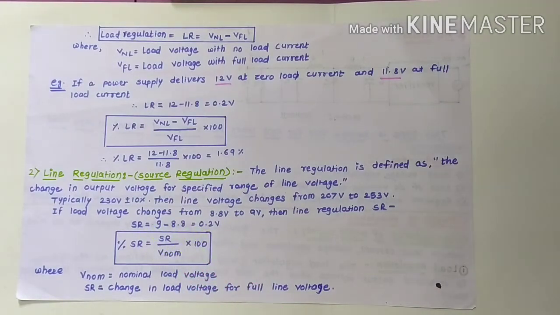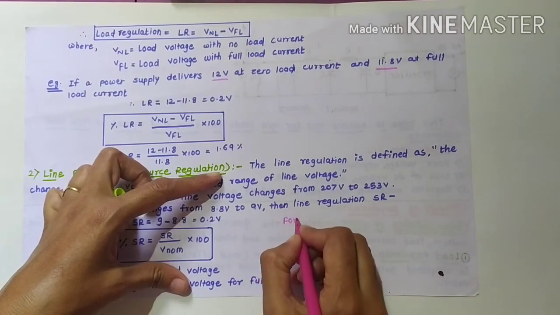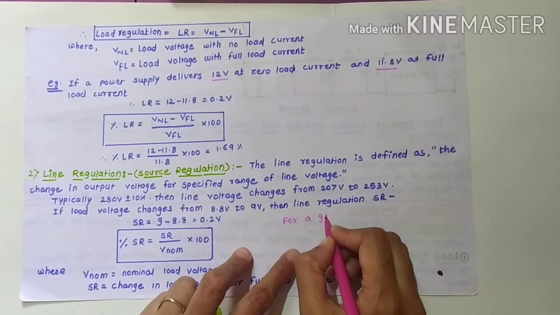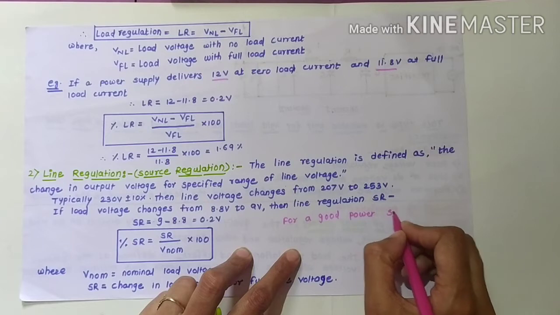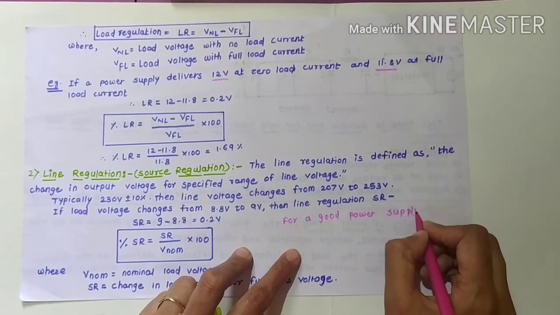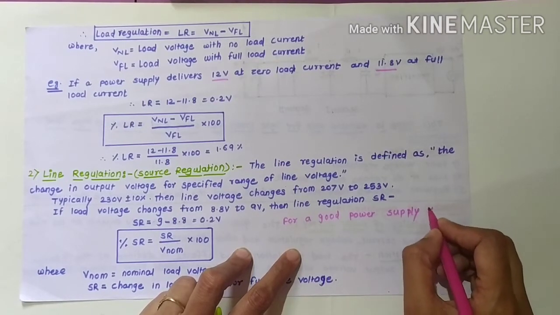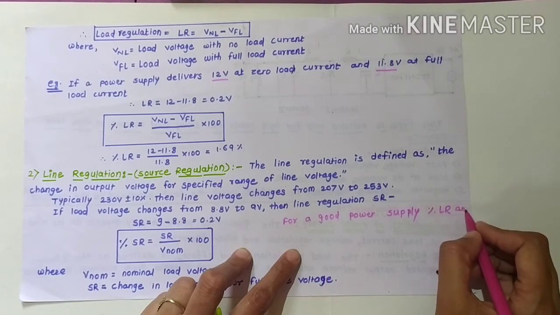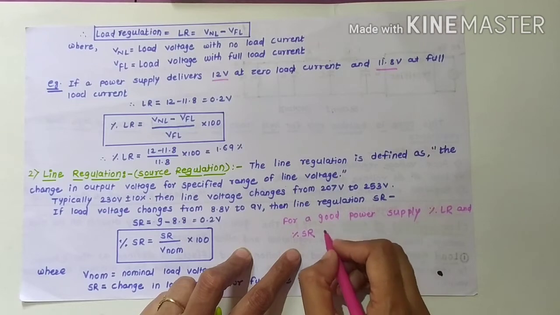Then we can say that for a good power supply, the percentage of load regulation and the percentage of source regulation should be very small.